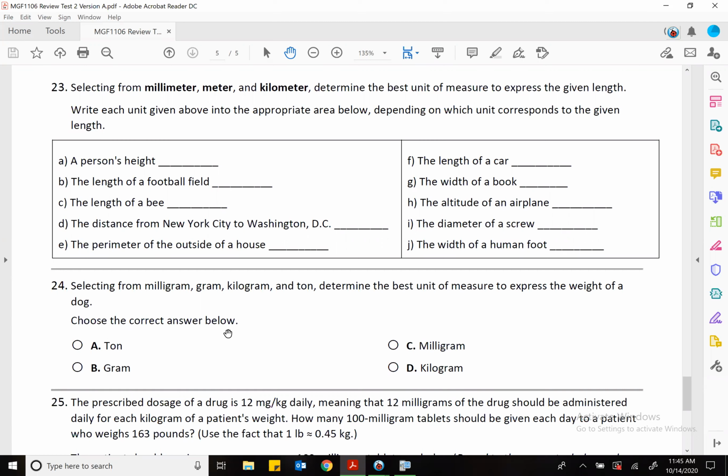I'm pretty sure I know what those are. I think I know the answer to those. Good. Length of a bee.